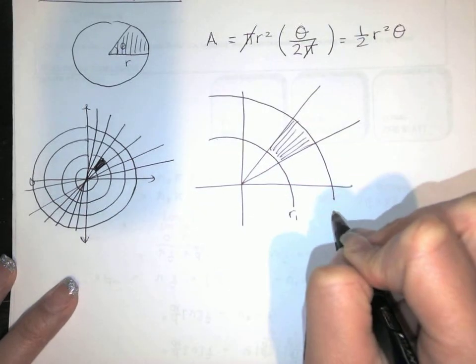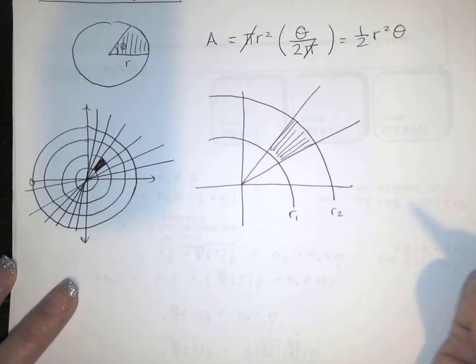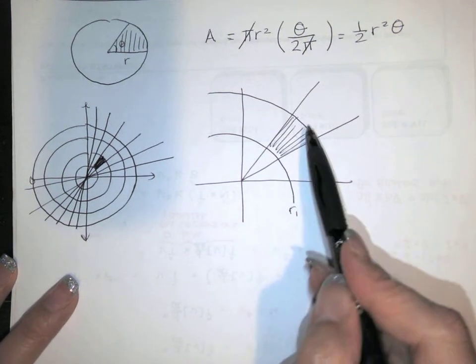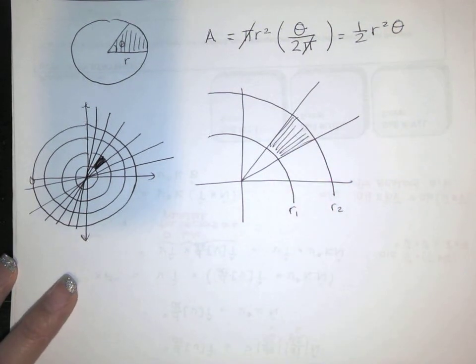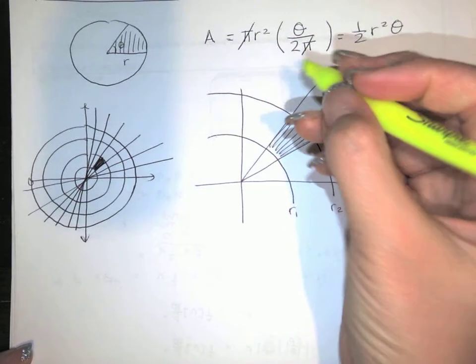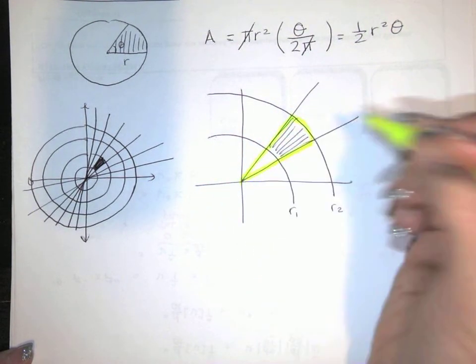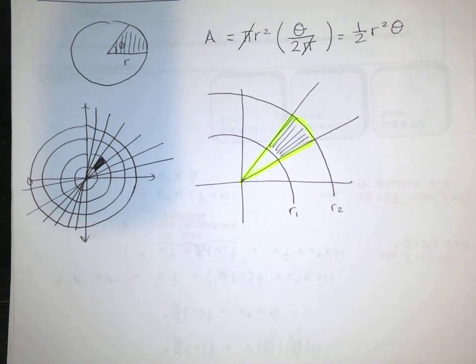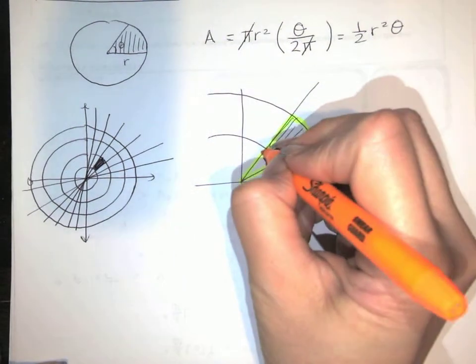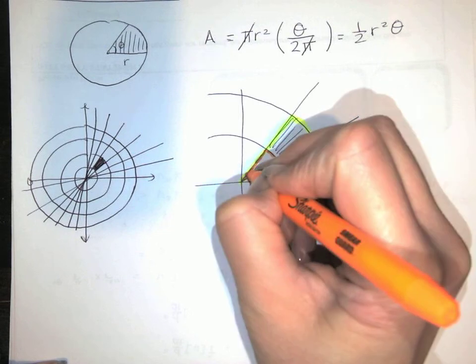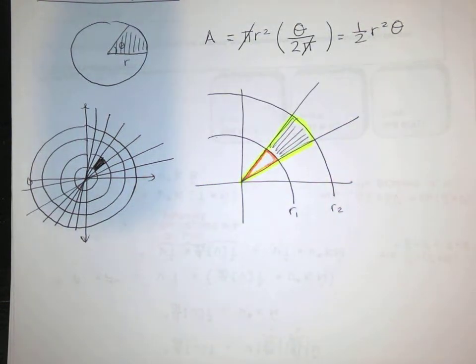If this is R1 and this is R2, the area of this piece is just the area of this larger circular sector minus the area of the smaller circular sector. So we're subtracting that area right there.